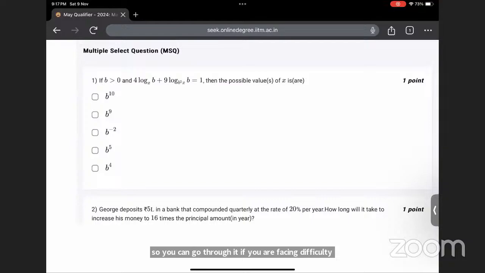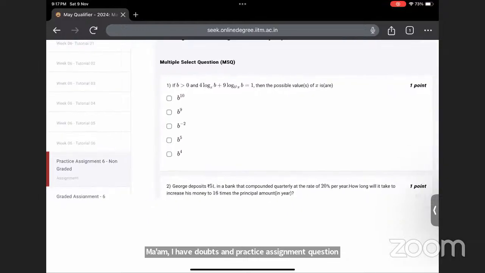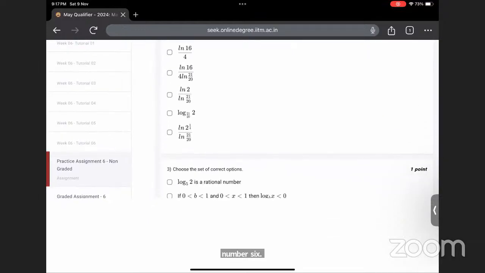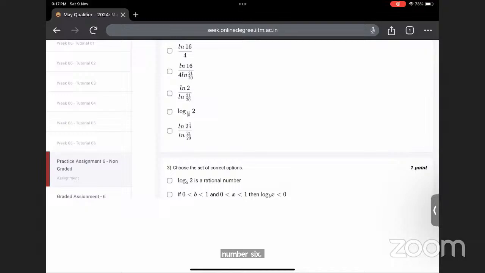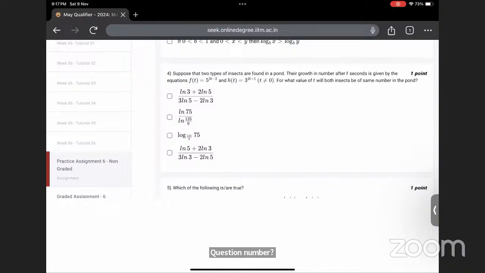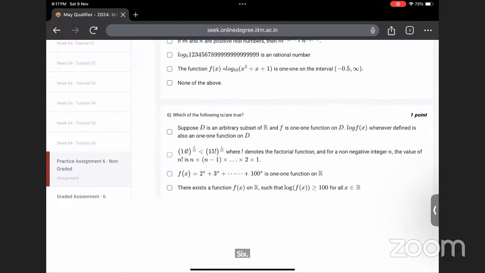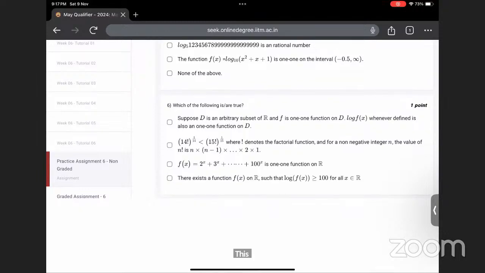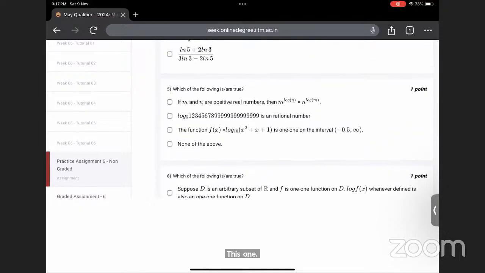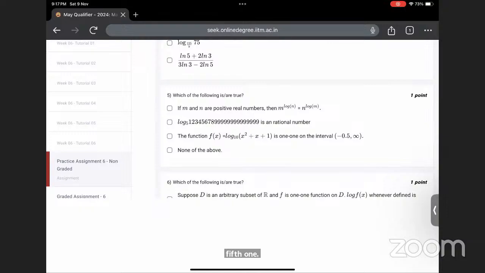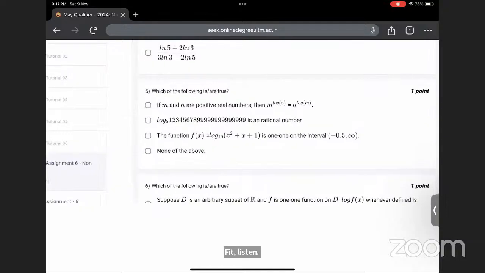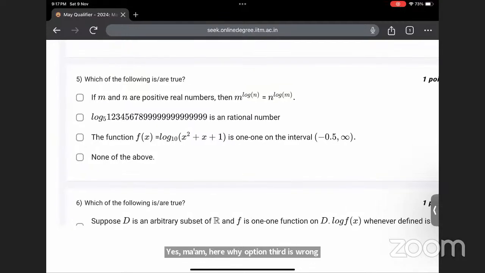Ma'am, I have a doubt in practice assignment question number 3. Which question number? Ma'am, take 6. This one. Ma'am, here why is option 3 wrong? Why is option 3 correct?